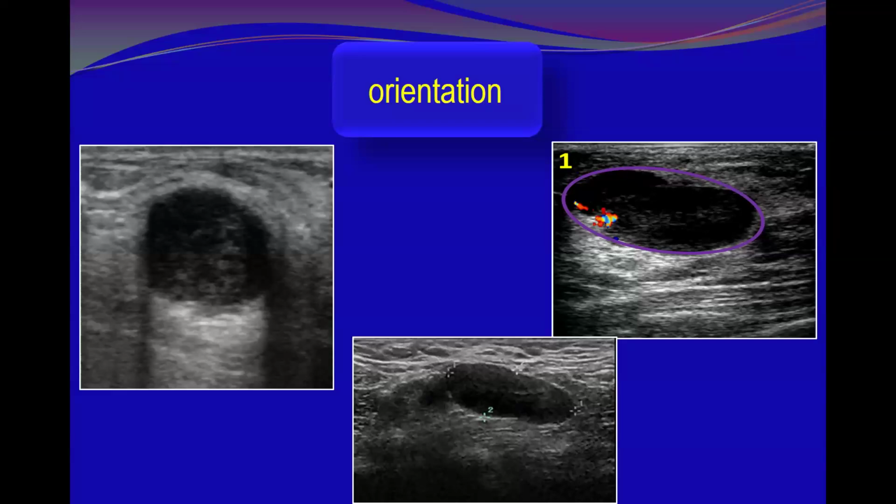And the same for this one. If we draw the line here, it is not parallel to the skin. It's coming slightly oblique.